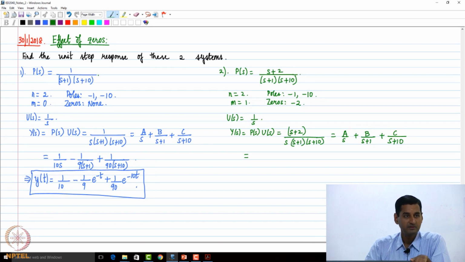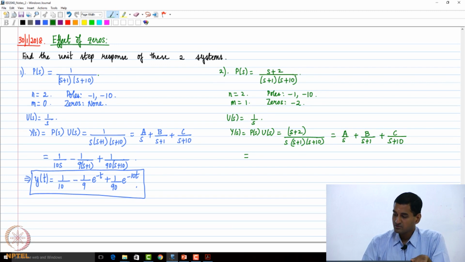Previously the numerator was 1, now it's s plus 2, so obviously the values of a, b, c will be different. What if it was s squared plus 2? As long as you are not going to have a quadratic polynomial in the denominator, you will still have the same partial fraction expansion structure.